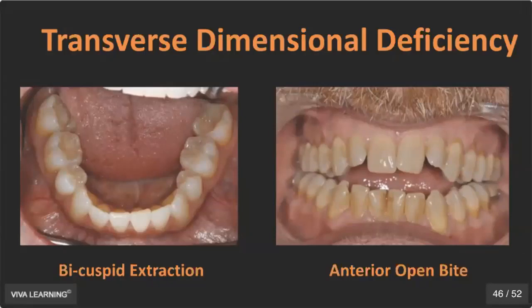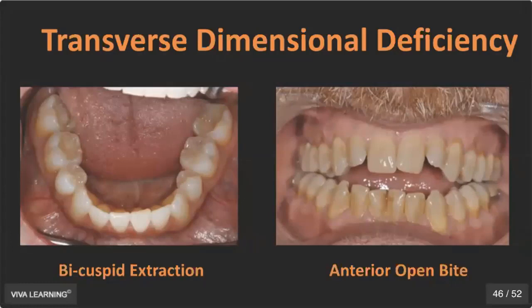And it just makes me ask, do you have a sleep issue? Are you snoring? Do you have trouble sleeping? That's not saying that every bicuspid extraction case is a sleep disorder case. No, not at all. Some patients have to have bicuspid extractions. But there's a fair amount of evidence that's showing that bicuspid extractions can affect someone's airway.